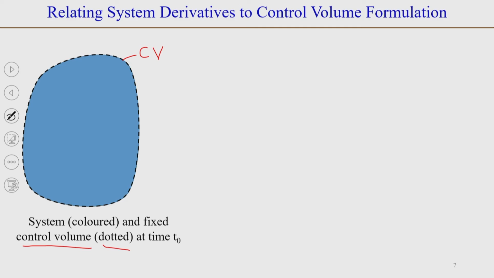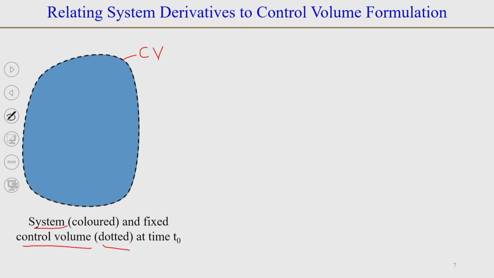Now, at time t naught, the fluid surrounded by this control volume is what we consider as the system. So, if we consider a system which is shown inside this control volume, this is our system.